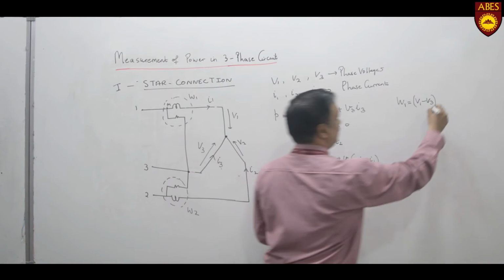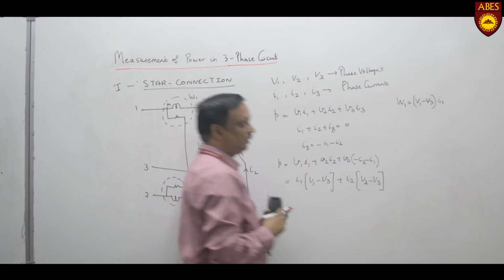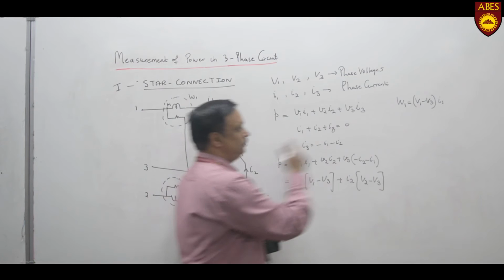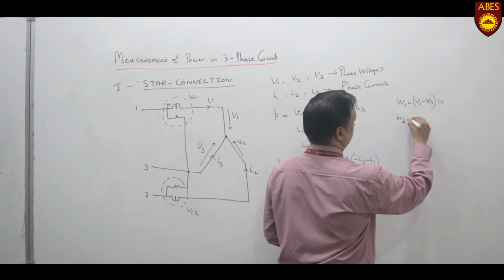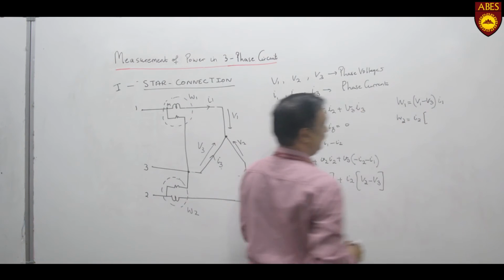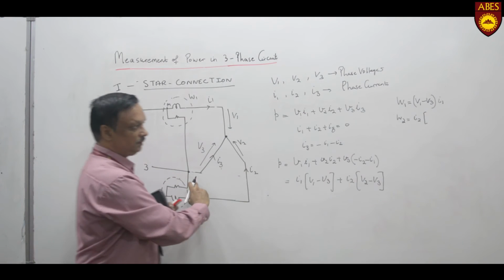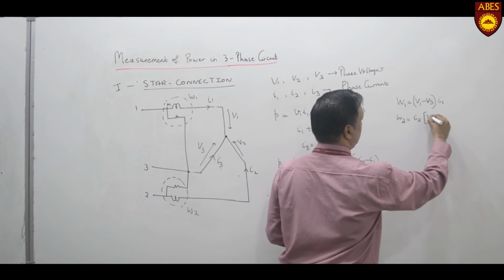In case of wattmeter 2, the current flowing is I2 and the voltage across the wattmeter is V2 minus V3.